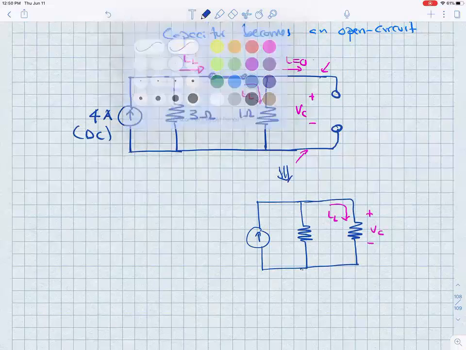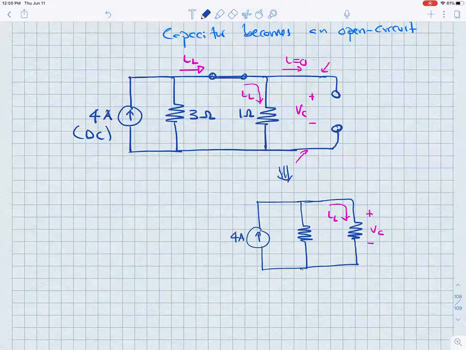That's the circuit we have. This one here is 4 amps, and this 4 amps is going to split into these 2 branches. That is 3 ohm, and that one here is 1 ohm. Let's put a 3 ohm on this side. So this is the simplified version of the circuit.